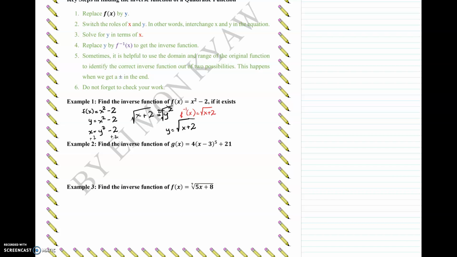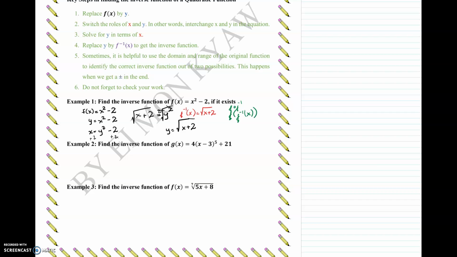Now, the way that we check the work is kind of different, but not really. We're basically using the composition of those functions. So it's going to look like this. F composition, f composed with the inverse, f of f inverse of x.